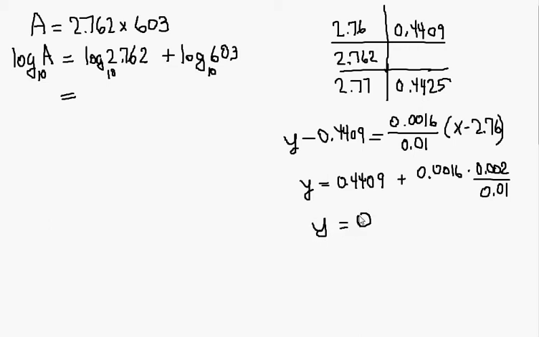So we would have 0.4409 plus 0.0016, and this is 0.002 divided by 0.010, so 2 divided by 10, which is a fifth.